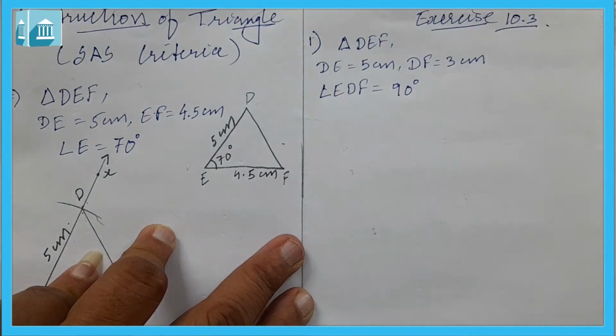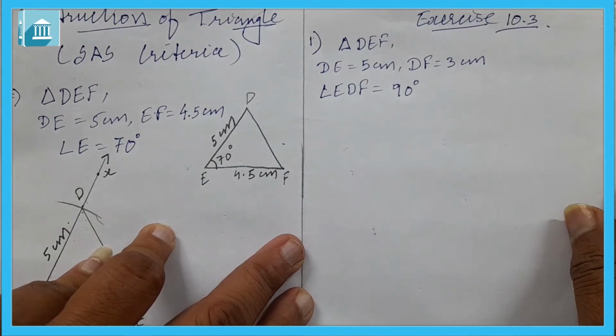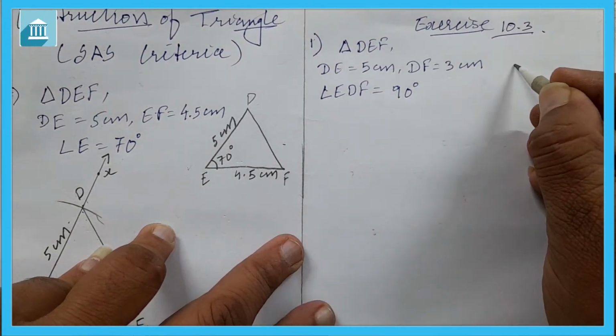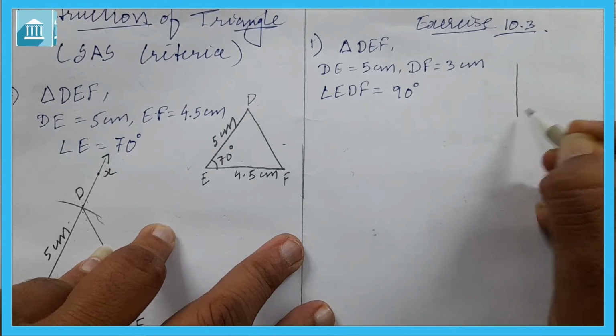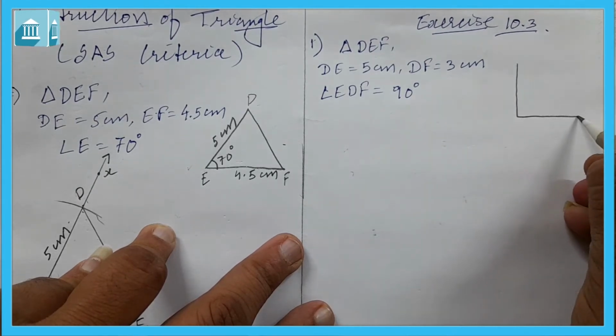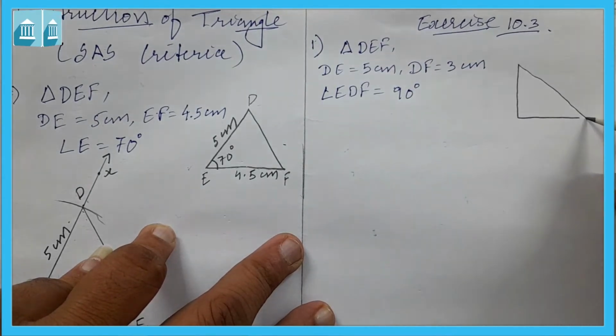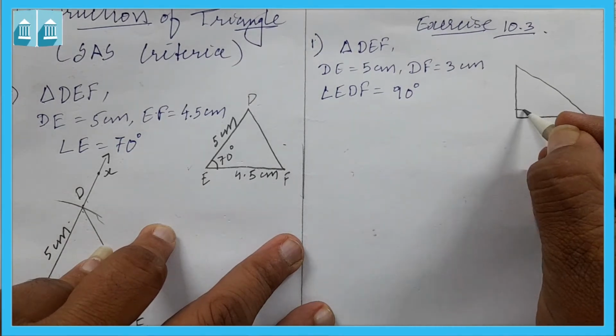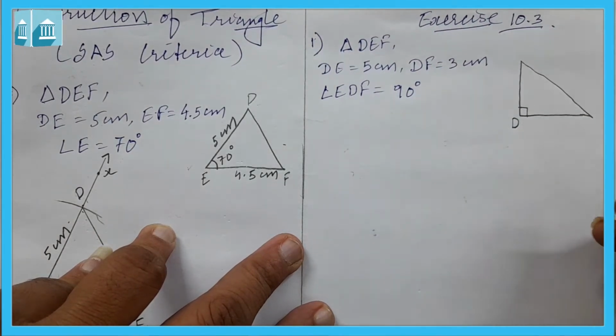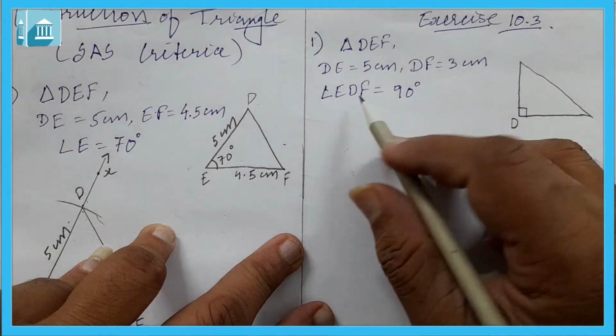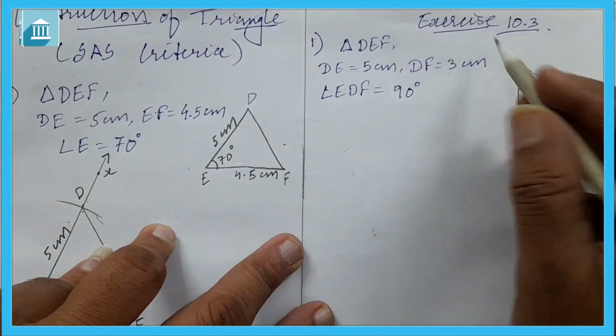So if we do the rough figure, then also we should know that if it is 90 degree, this we know that it is EDF. So it is D, then DE and DF, both are given.